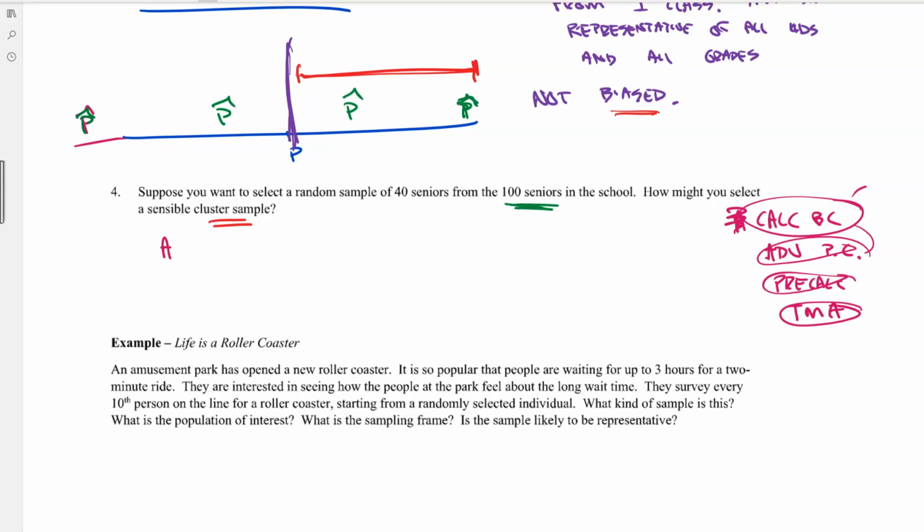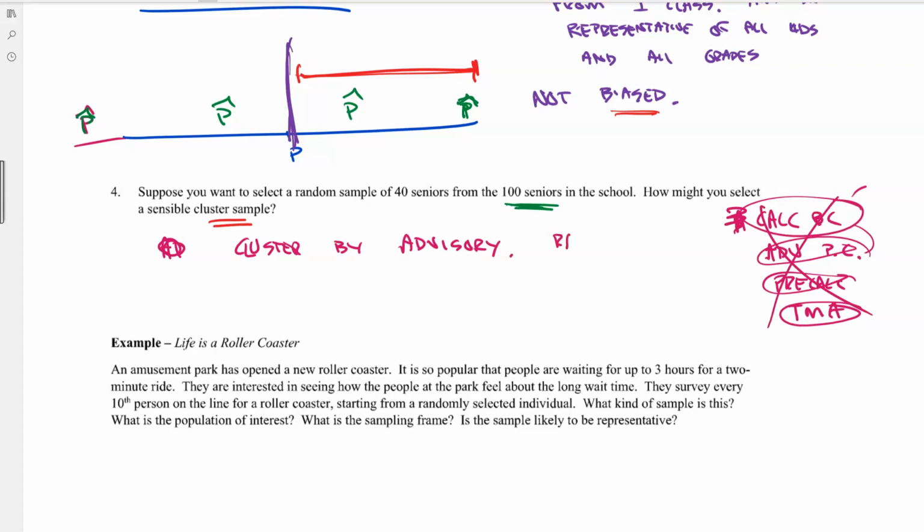I would maybe cluster by advisory. I don't know exactly how advisories are put together, but I know it would be better than grouping by your math class or your science class. So I'd cluster by advisory.